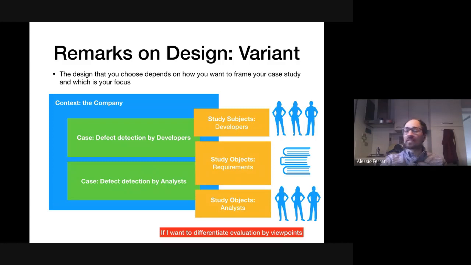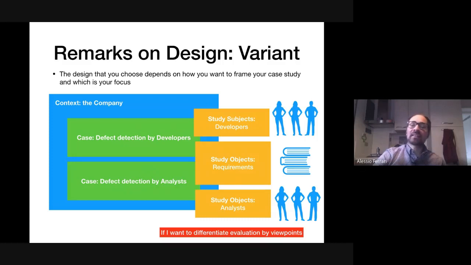Of course, in here you may see already that there are additional choices that you may make, because for example, the ground truth that is made on the requirements could be delivered by the analysts themselves or by the developers. So there are variations also in the ground truth for starting the experiment, and you have to decide how it's better to frame it, what could be the threats of having basically two completely independently annotated requirements, because in this case you would have two sets of study objects, because there are requirements with annotations from different groups.